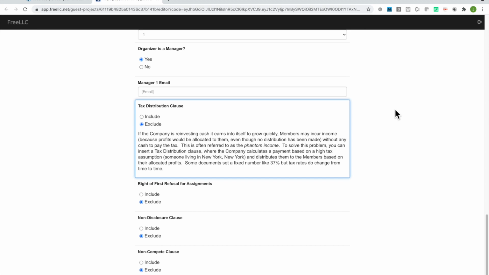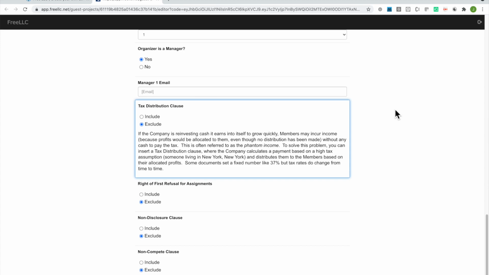But you may have a situation where the company is making a lot of money, but maybe because it wants to plow back all the money to grow fast, it's not paying out distributions to the members. That's called phantom income, where you have to pay a tax, but you don't have the cash to pay it. And the tax distribution clause forces the LLC to pay so that you won't have that issue.